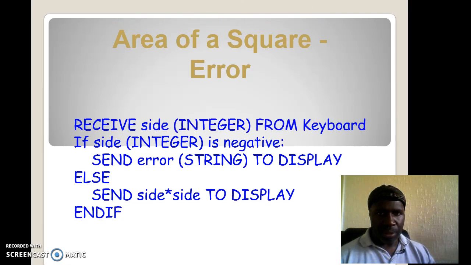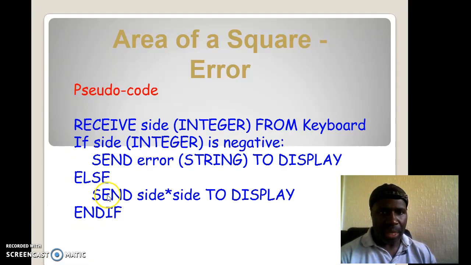So here's a solution. Receive side from keyboard. If side is negative, send error to display, else send side by side to display. Then we end the if statement.